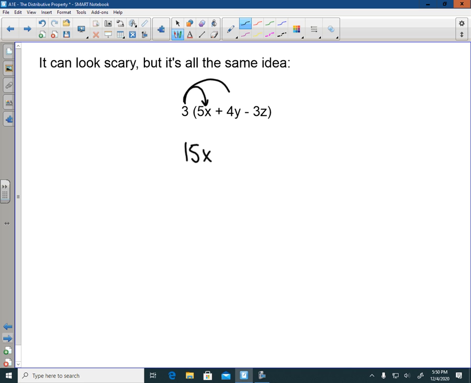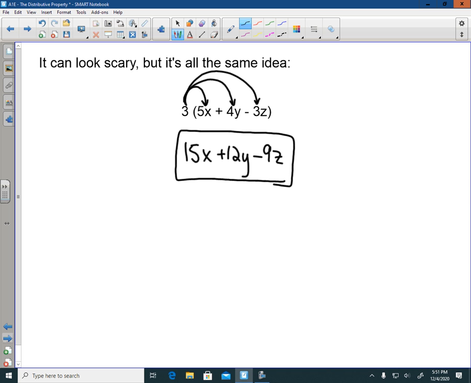And then 3 times positive 4y, for positive 12y. And then positive 3 times negative 3z. A positive times a negative is negative 9z. And now we don't have any like terms, and we also don't have any parentheses, and that's how we know that we're done. So it can look a little scary, but it's really just the same idea. You just distribute that 3 onto each one of those terms inside the parentheses, paying attention to pluses and minuses, and then you're done.